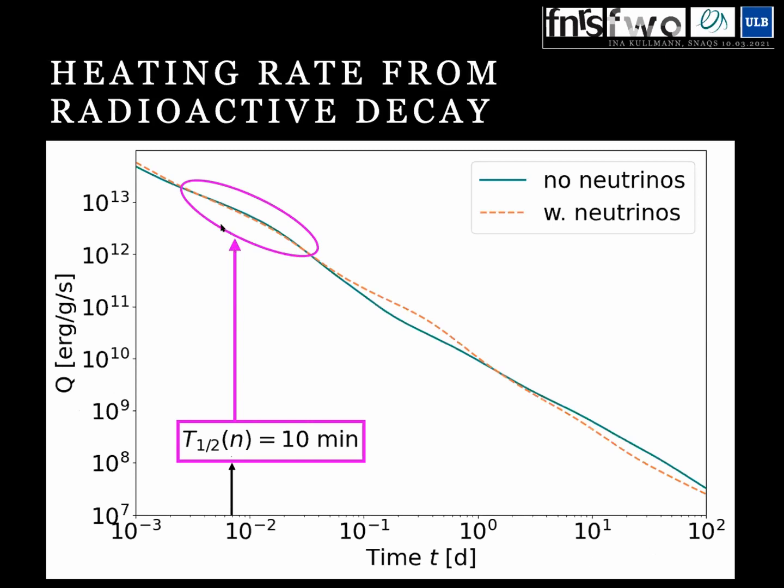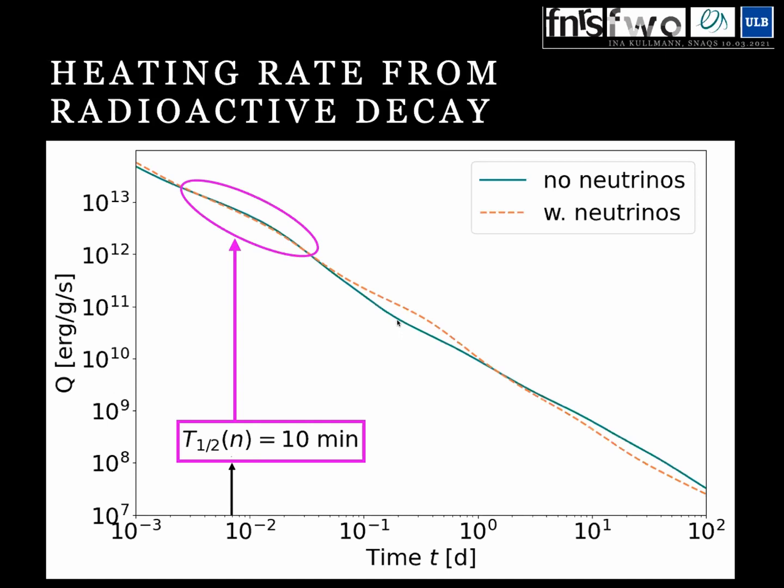First we see a bump, for both models, a slight increase in the heating rate due to free neutrons, which are left after the completion of the r-process, and they decay after about 10 minutes due to their half-life.